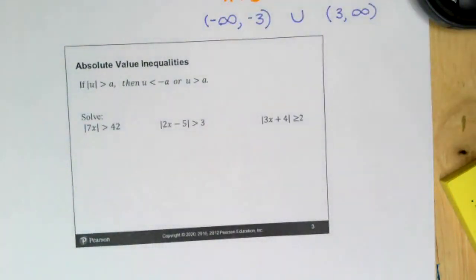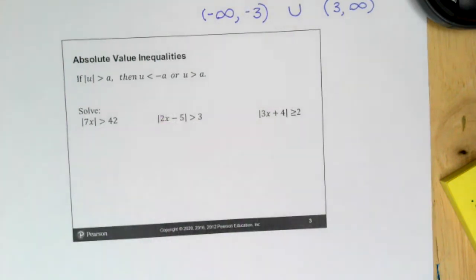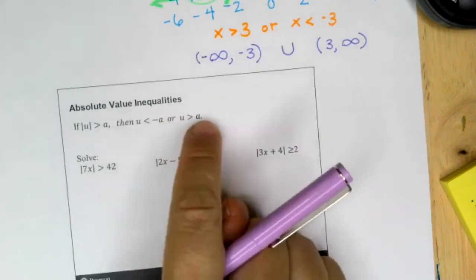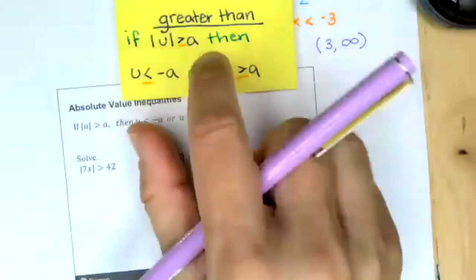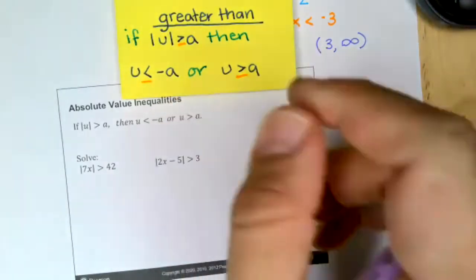So first, isolate. Oh, they're all isolated. Then set them equal to this inequality. Okay?